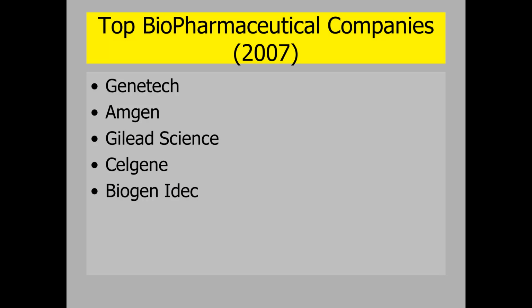The biopharmaceutical companies are companies that are using cell lines and bacteria to make biological compounds. Top companies include Genentech, Amgen, Gilead Sciences, which makes a number of compounds used to fight influenza, Celgene, and Biogen IDEC.